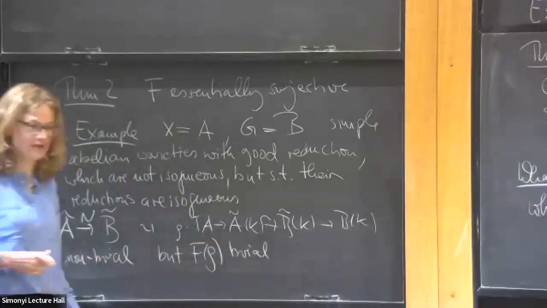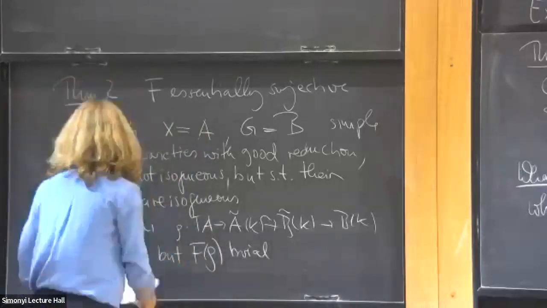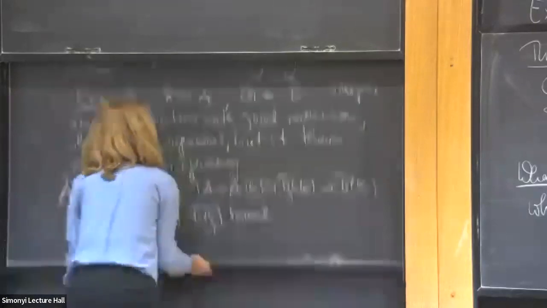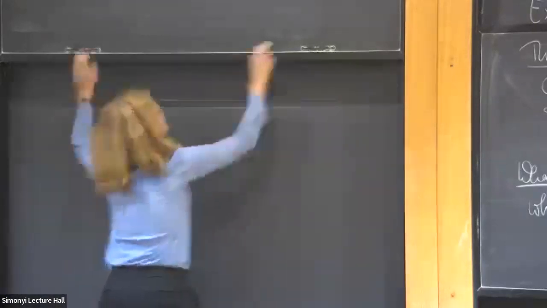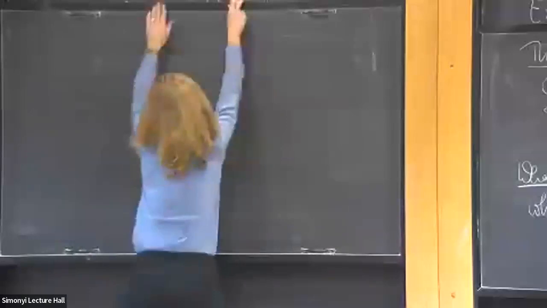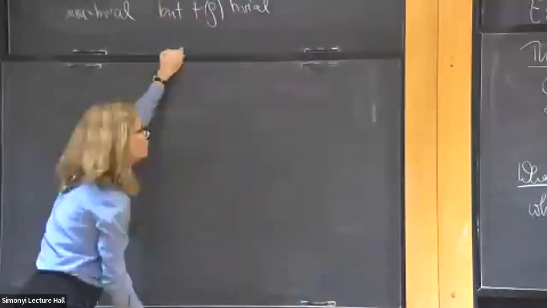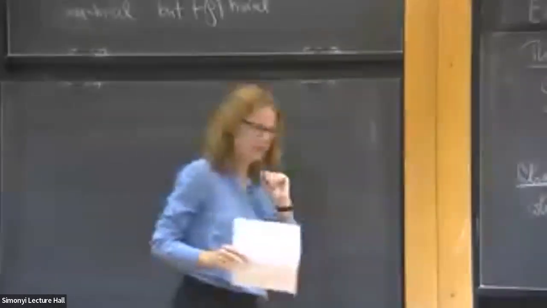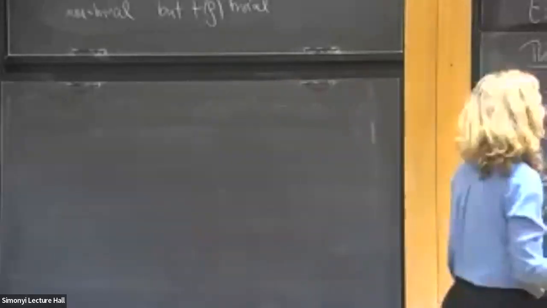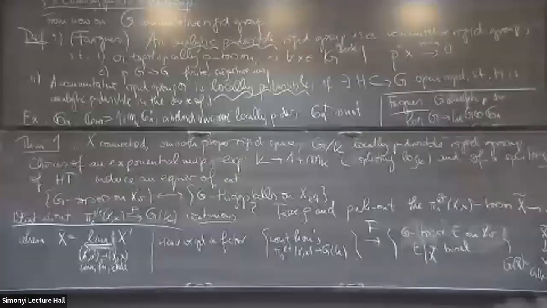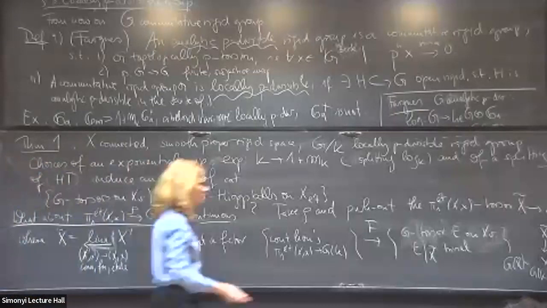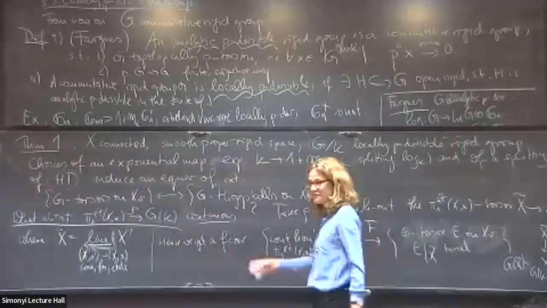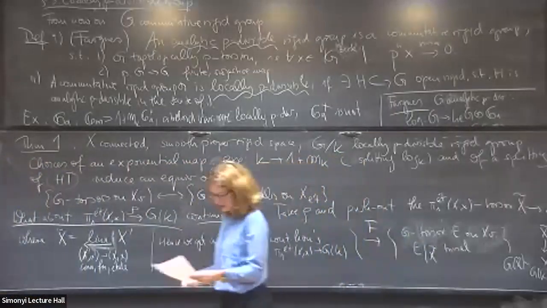You have these things to take into account. Whenever you go from torsors to representations, there's always something going on. Even in this basic case, you lose information here. You cannot do that.